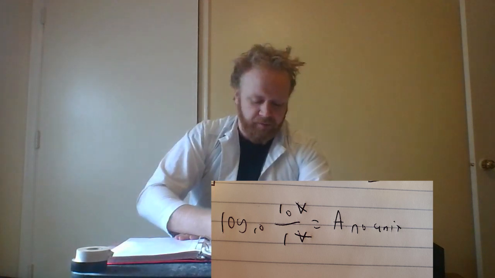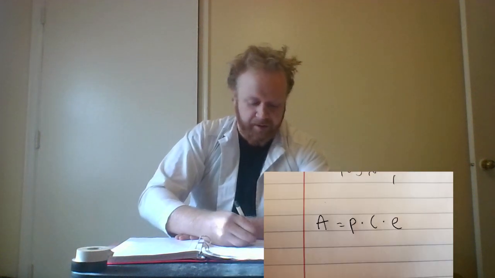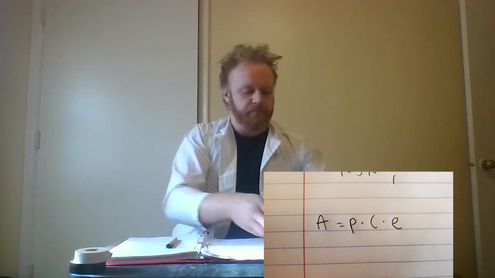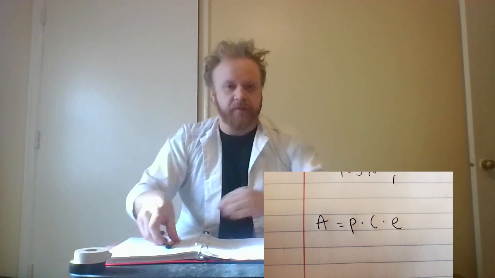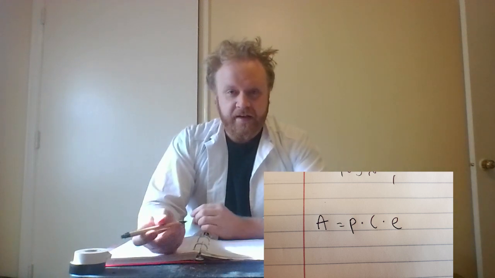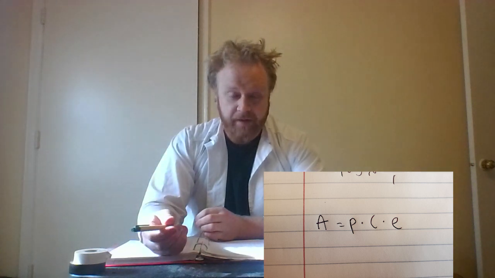Absorbance equals path length times concentration times E. This is known as Beer's law. E is a constant that depends on your molecule and the wavelength that you're measuring.